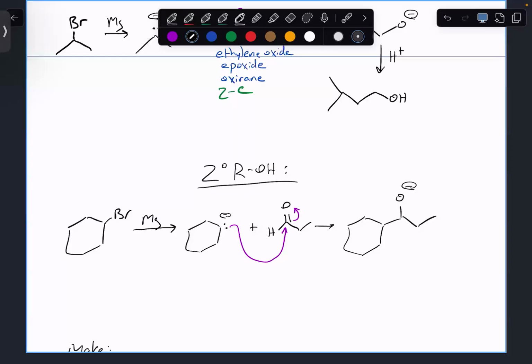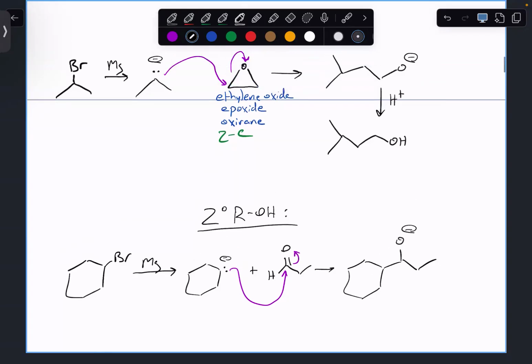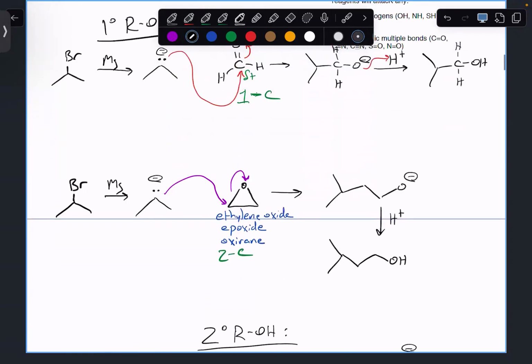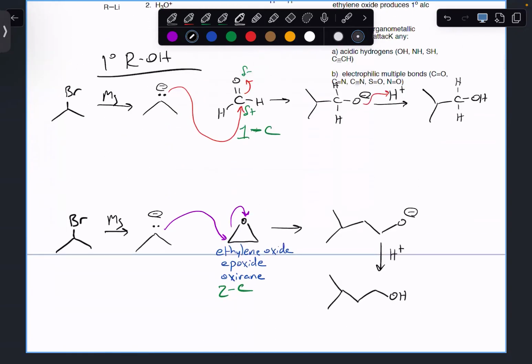If you're not asked for the mechanism, you don't need to show any of the middle steps. You could simply take the starting materials and draw in the product. So the difference, formaldehyde is a one carbon aldehyde.